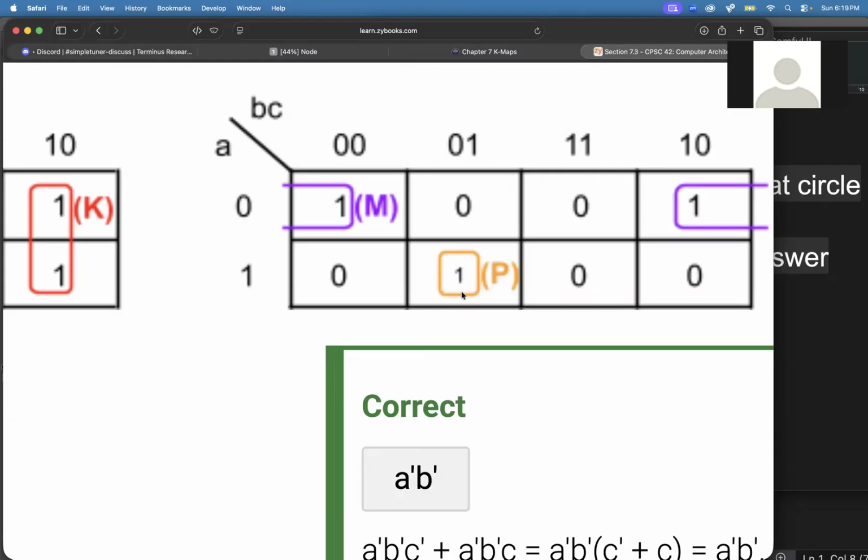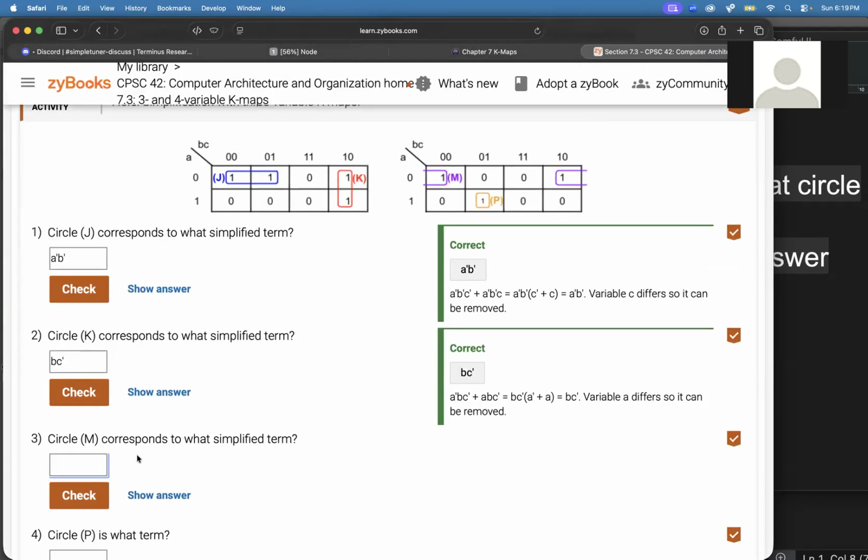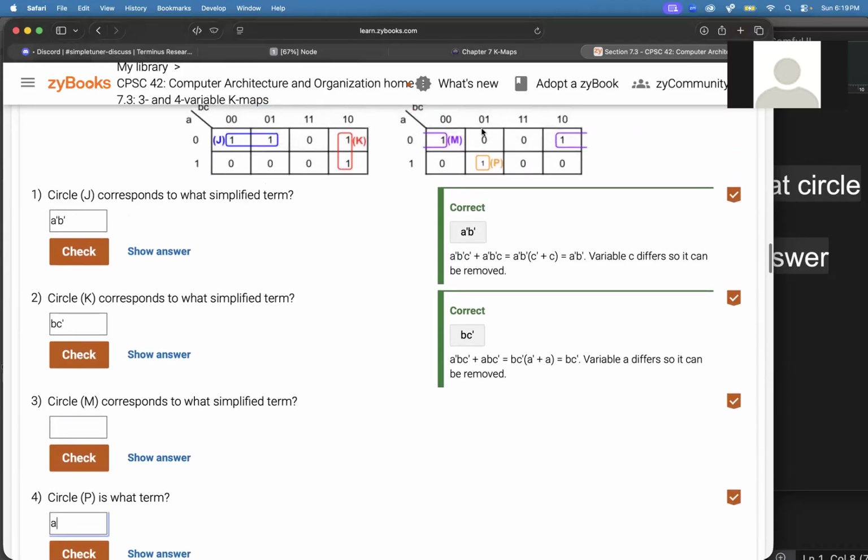So whatever this circle is, 1, 0, 1, all of the variables don't change. So what is P? It's A, because there's a 1 for A, B is 0, which is not B, and C is 1, which is C.